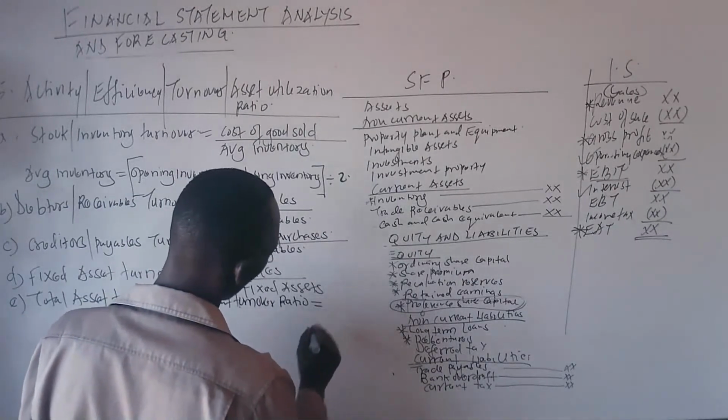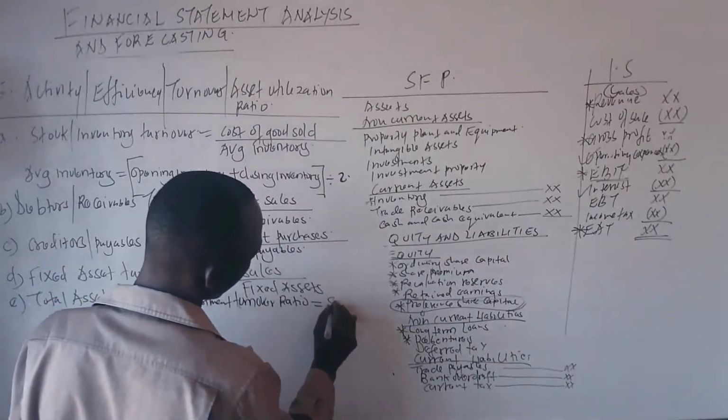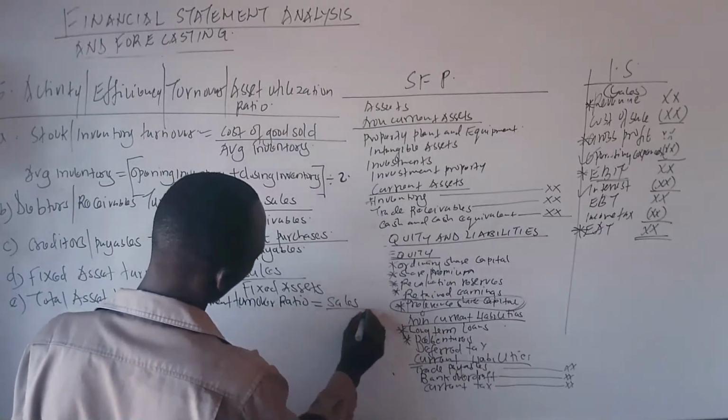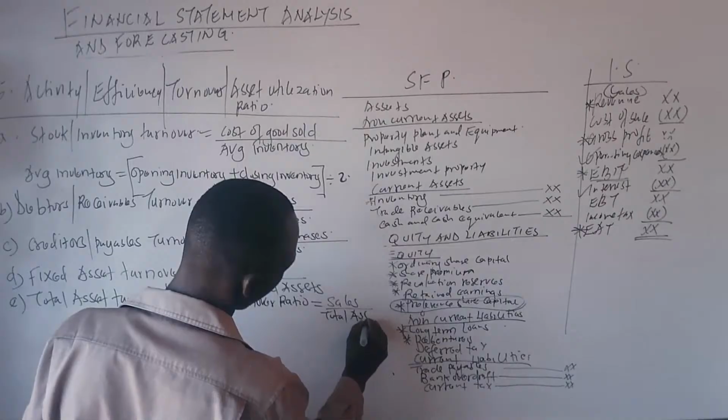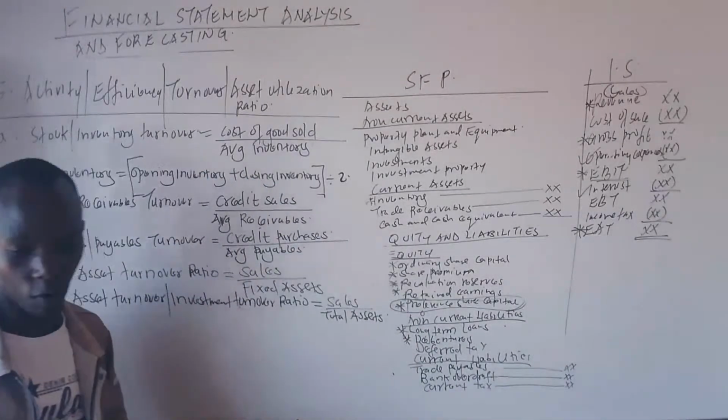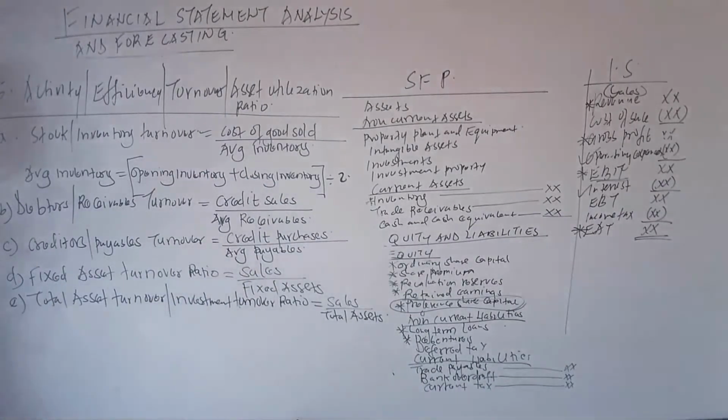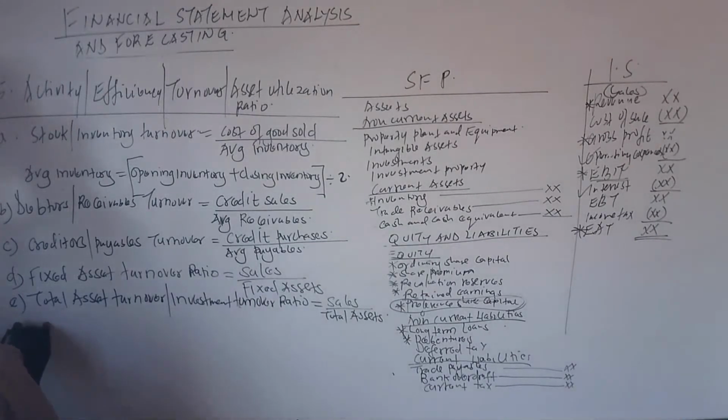In this case, you will get it by taking the sales over total assets, or you can say sales over investment.